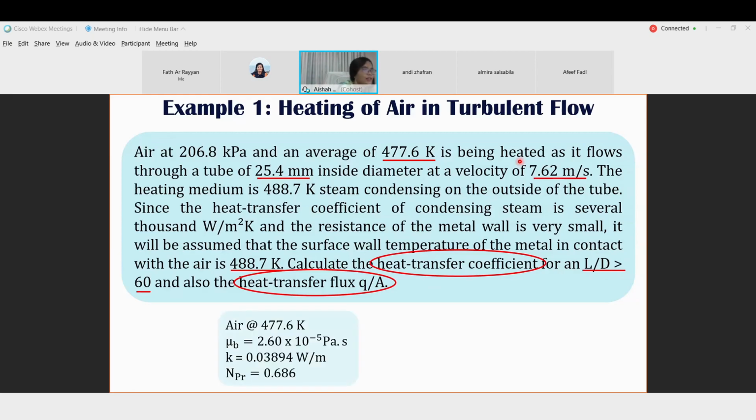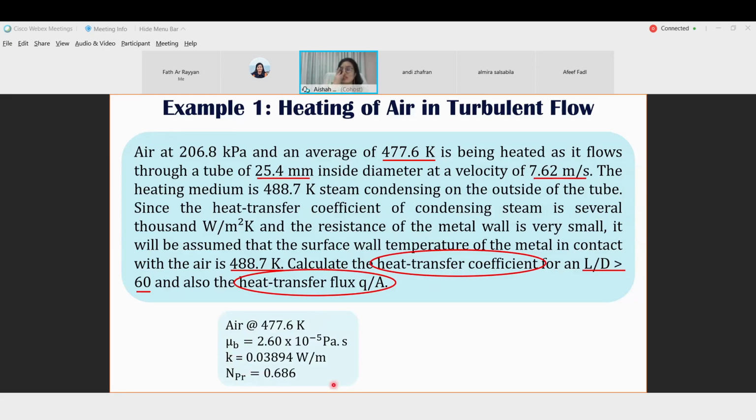Okay, so the things that are missing here, that are not in the question, are the bulk viscosity of air, the conductivity k, and the Prandtl number.